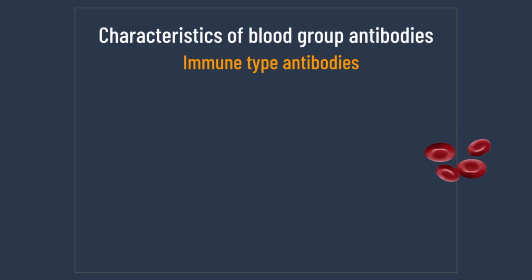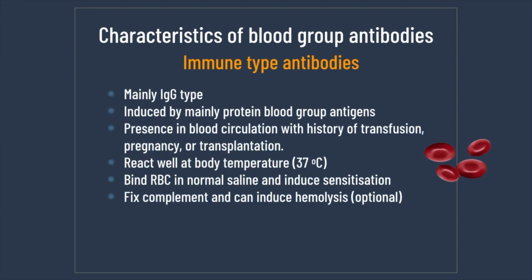Typical characteristics of immune type antibodies include: mainly IgG type, induced mainly by protein blood group antigens, present in blood circulation with history of transfusion, pregnancy, or transplantation, react well at body temperature, bind red blood cells in normal saline and induce sensitization, fix complement and can induce hemolysis.